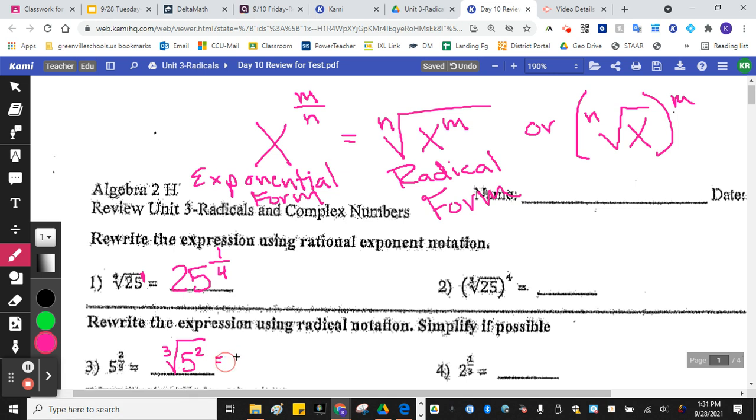Another way to write this is you can write the cube root of 5 and then square it. So the denominator is always on the outside and the numerator is always on the inside. Perfect. The denominator is always on the outside of your radical. The numerator is always on the inside.